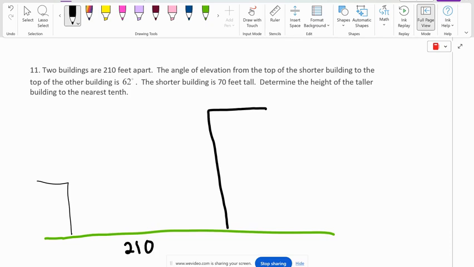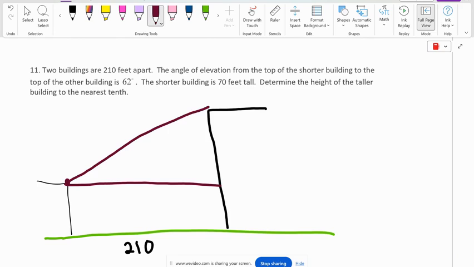The angle of elevation from the top of the shorter building, right here, to the top of the other building is 62 degrees. Remember, an angle of elevation is one ray looking up, the other horizontal. So this is 62 degrees. The shorter building is 70 feet tall. Now, when we draw that horizontal, it's going to make right angles with the building. Determine the height of the taller building.